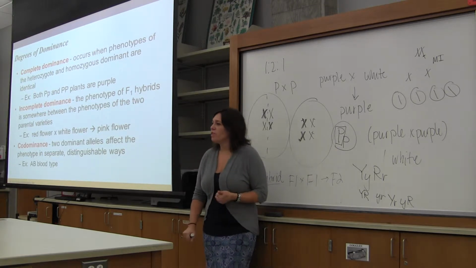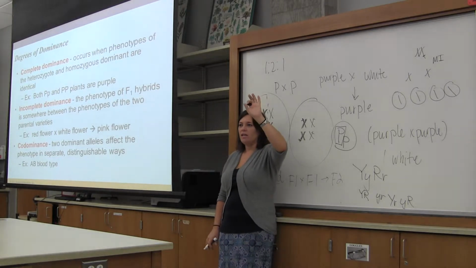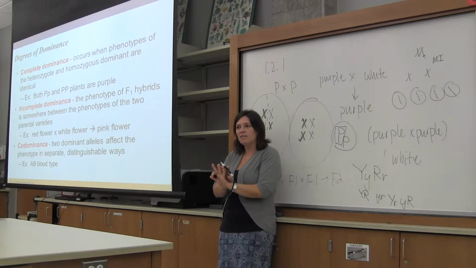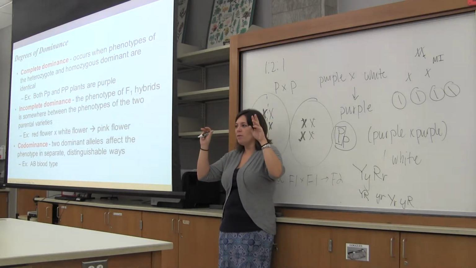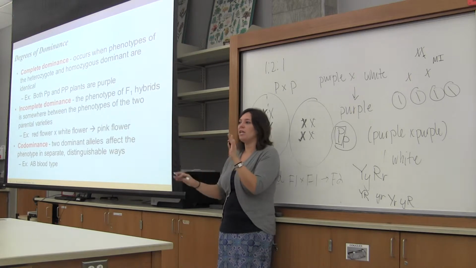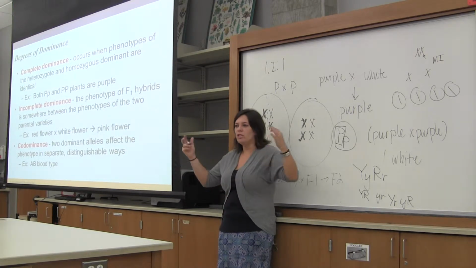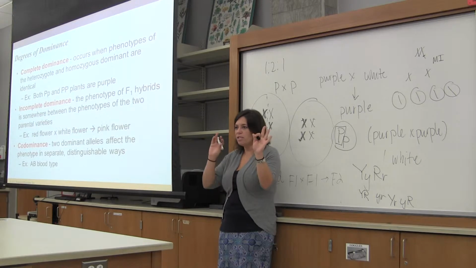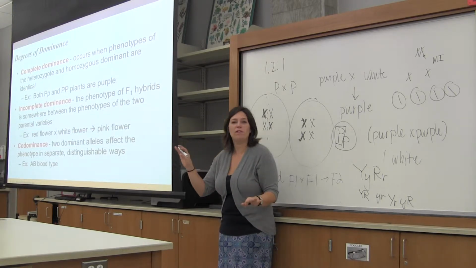So an example of this is if you take a flower that is red and you cross it to a flower that's white, you end up getting a pink flower. So even though red is supposedly dominant, it's not completely dominant over the white allele. In other words, you see this mixing, or a little bit of both of the parents. So red flower times white flower gives you pink flower and not red flower, white flower.